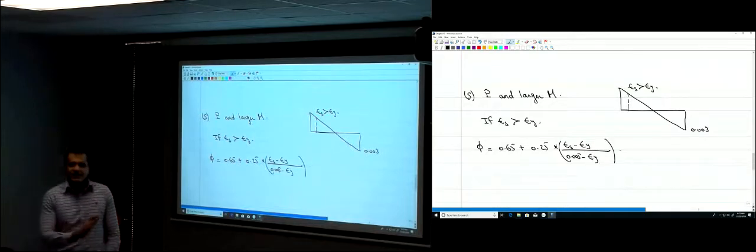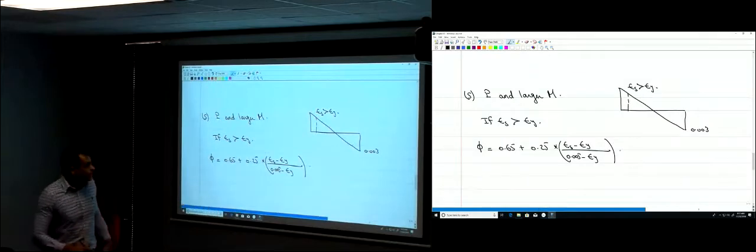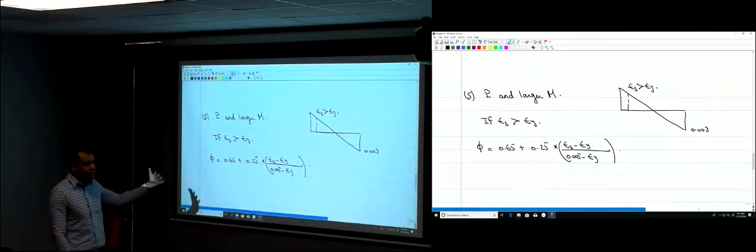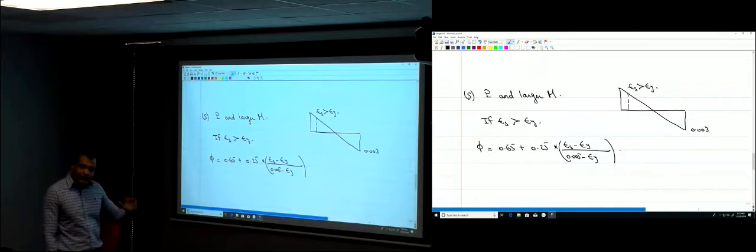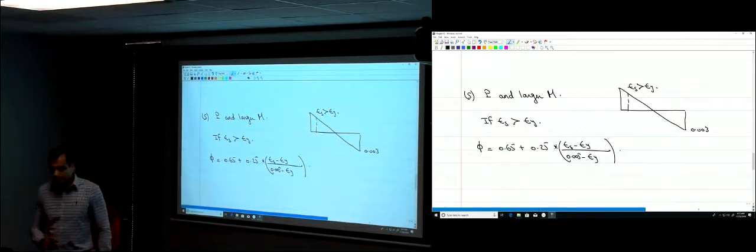This is the same equation we had for the beams. But for the beams, we had a limitation: epsilon steel cannot be less than 0.004. Here, epsilon steel can be less than 0.004 because you don't only have a moment. You have a moment and a compression force.